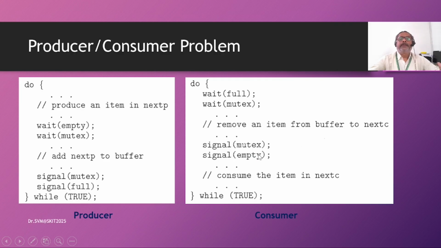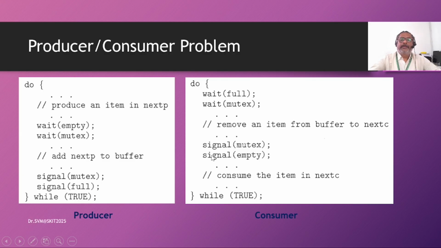So signal empty will increase the number of empty slots by 1, and signal full increases the number of full slots by 1. So when we get a signal full, then full gets incremented, then we have something to read, so we can get in.